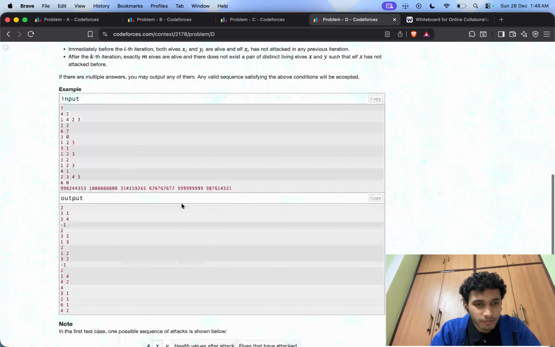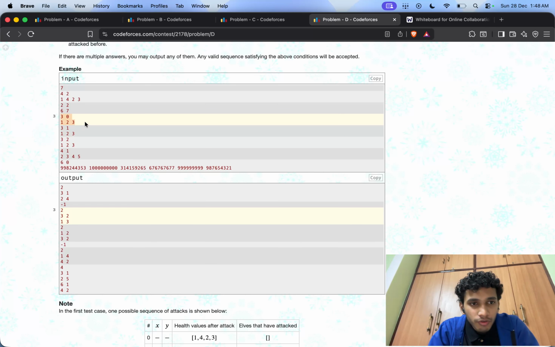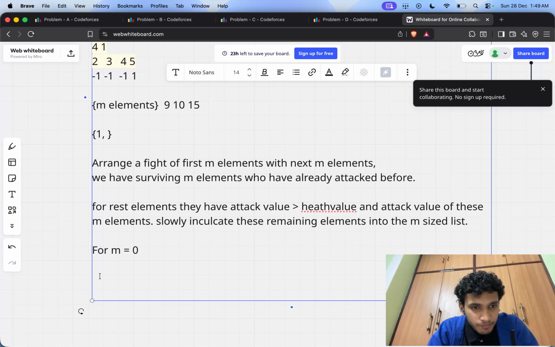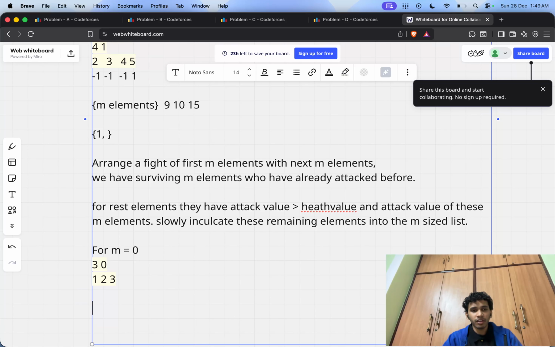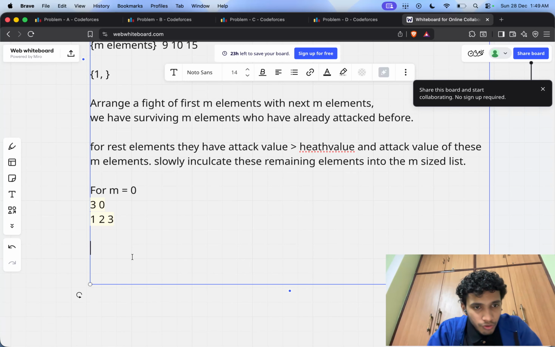Let's have a condition where m is equal to 0. For this condition, what happens? We want a construction where at the end all the elements have fought among themselves and all are dead. Okay, what do we have in observation?